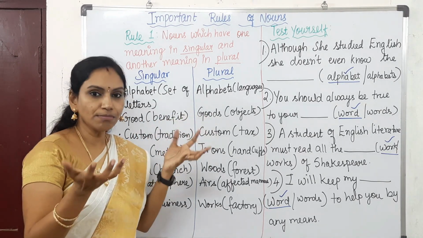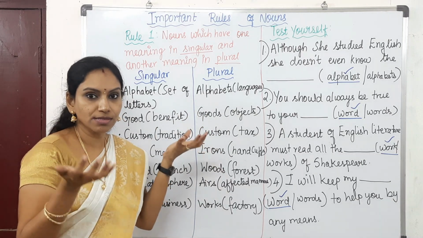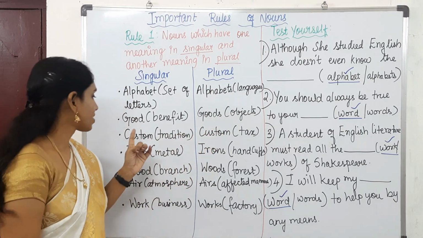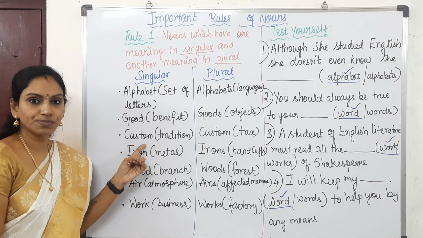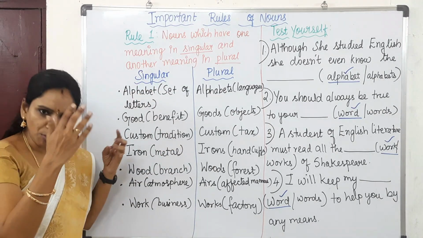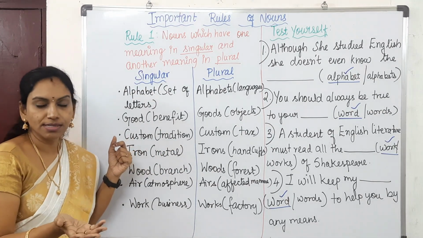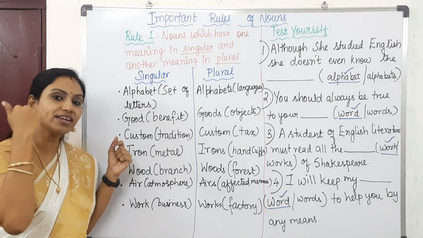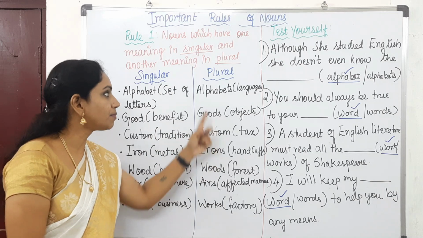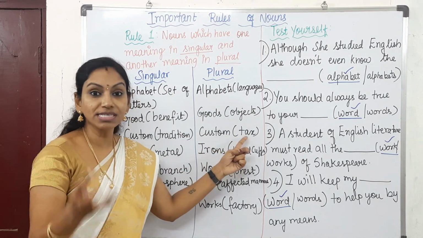Goods means some sort of products, objects. The same word in plural. Next, custom, tradition. It is their custom. They will wear jeans. That is their custom. That is their tradition, if it is singular. The same word custom, when it is plural, it means tax.